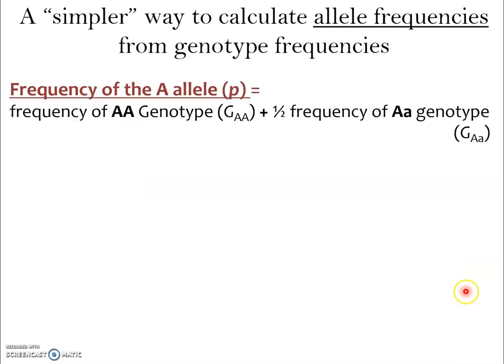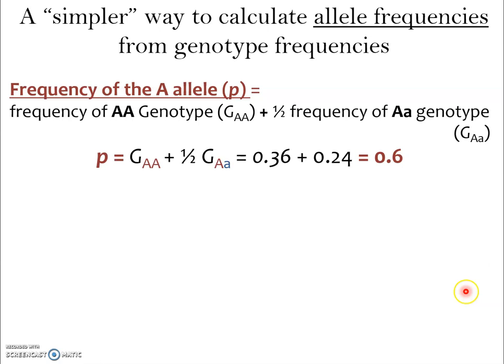Let's look at the shorthand way. So if we already have our genotype frequencies calculated, we can calculate allele frequencies straight from that. And here is the formula. The frequency of the big A allele, which is P, is equal to G big A A, the frequency of our homozygous dominant genotype, plus half the frequency of big A little a, our heterozygous genotype.